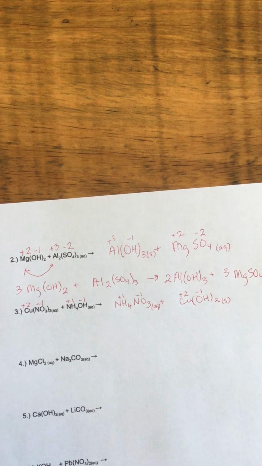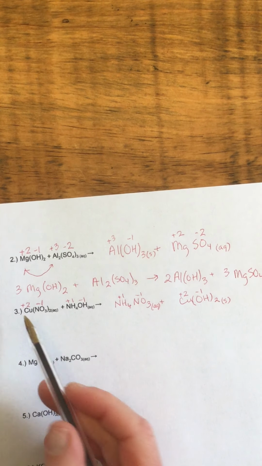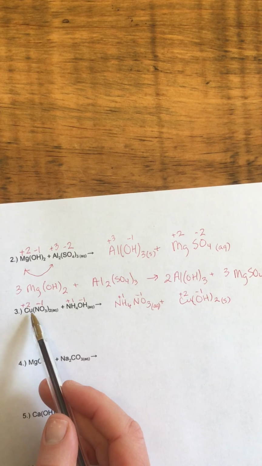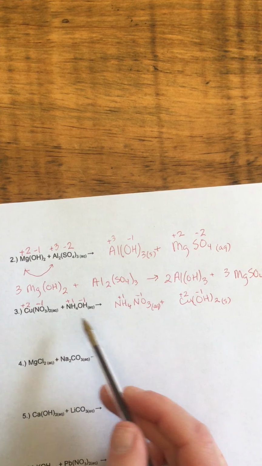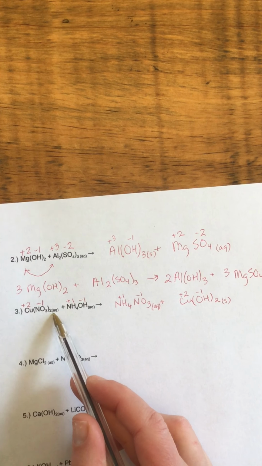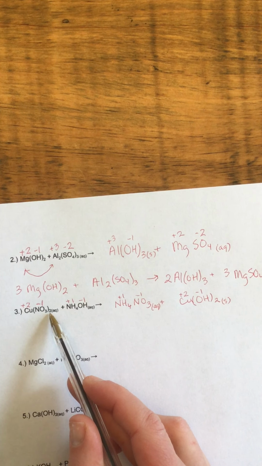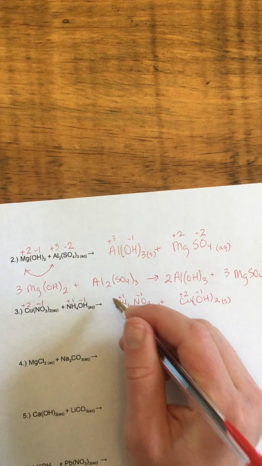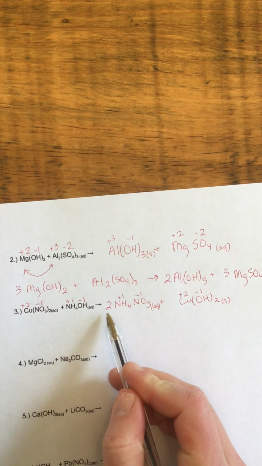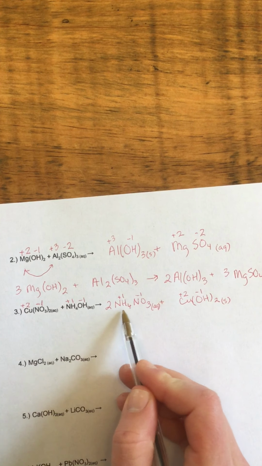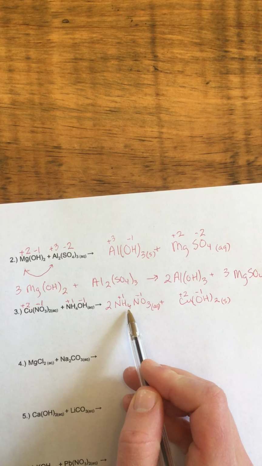Now I need to again make sure that I have the same number of reactants as products. Copper, on this side I have 1, on this side I also have 1. The nitrate, however, I have 2 nitrate groups because that's outside of the parentheses. So I would have to double the nitrate groups by putting a 2 here. That now doubles the amount of ammonium, 2 ammonium groups.